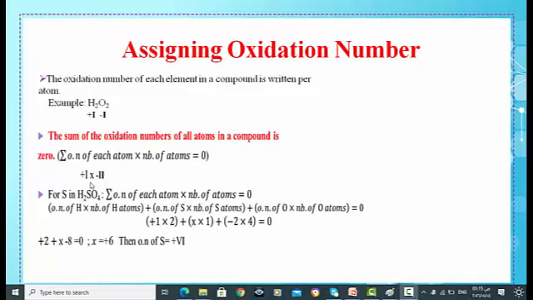In order to determine X, we say that the sum of oxidation numbers of each atom multiplied by the number of atoms of this atom is equal to 0.